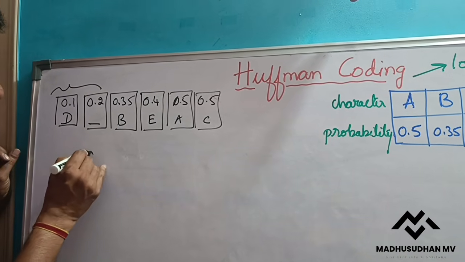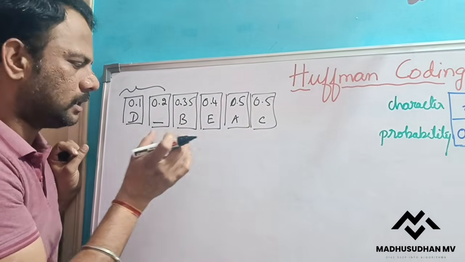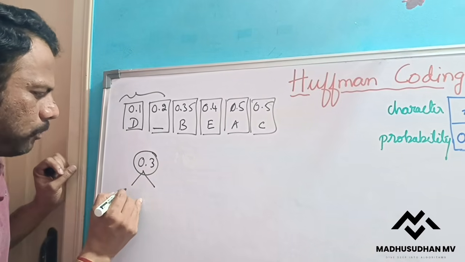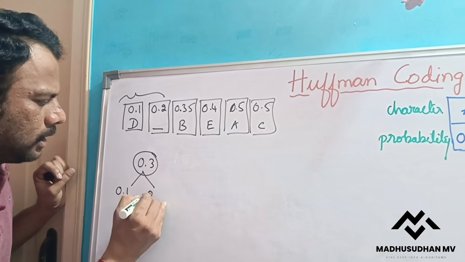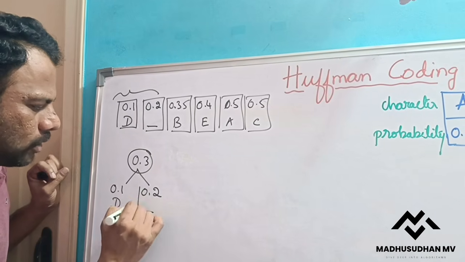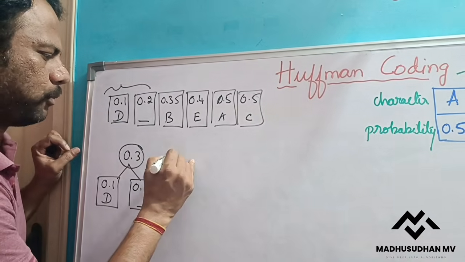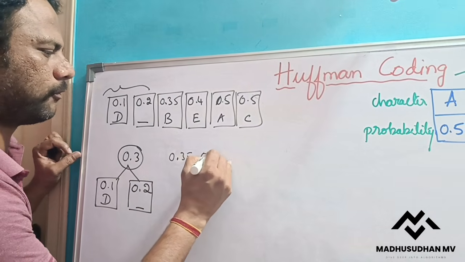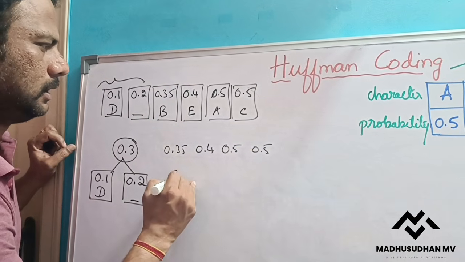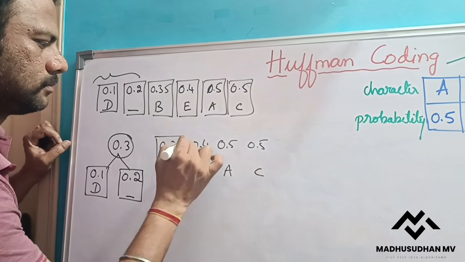It is not the original value of any character. I got it by adding 0.1 and 0.2. 0.1 is the character D and 0.2 is the underscore, so by adding these two I got this value. Next, as usual, 0.35, 0.4, 0.5, 0.5. So this is B, this is E, this is A, this is C.